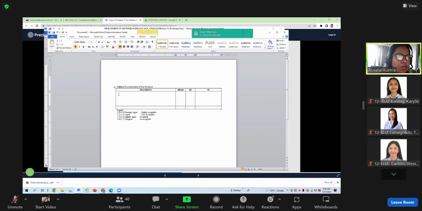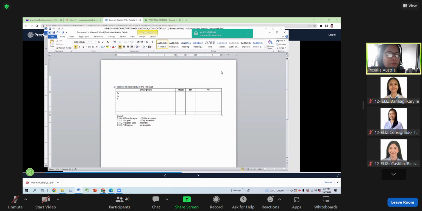When it comes to functionality, can you think of a description about functionality? Let us just put 1, 2, 3 description of the functionality. And then the mean, for instance, is 3.5, then 3.5, and then 4. It should be 2 decimal places, always 2 decimals.